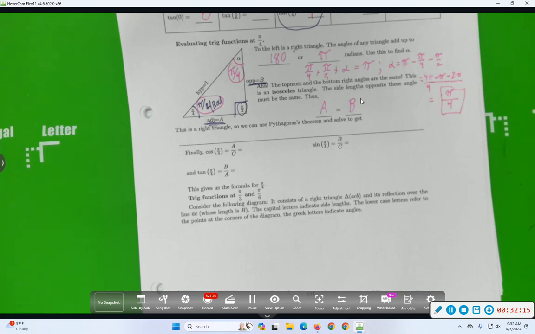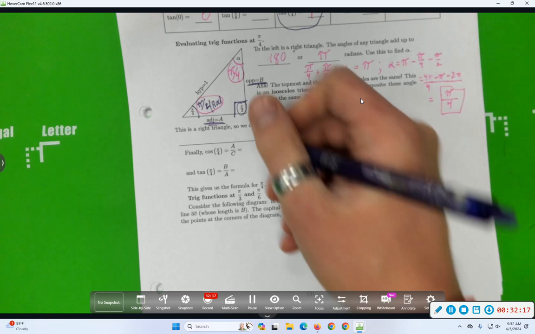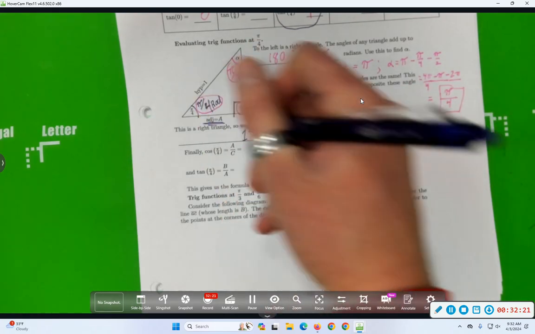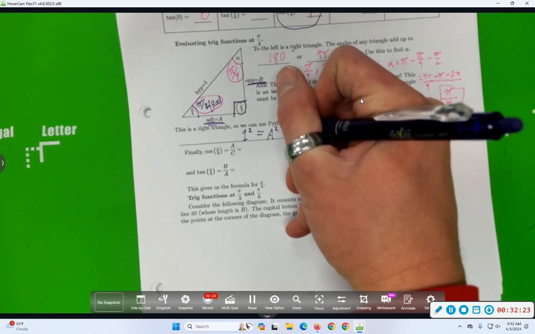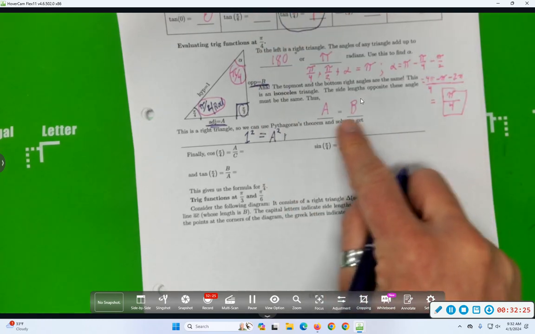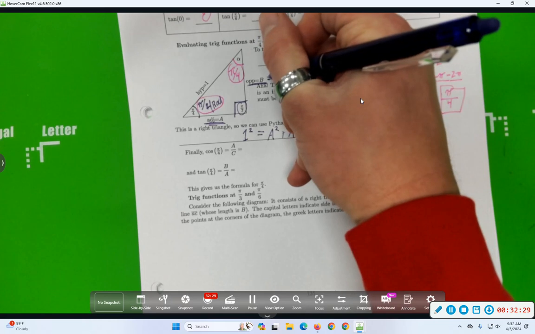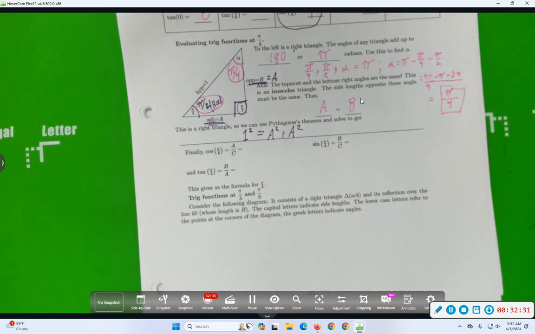So the hypotenuse, which is 1, is equal to adjacent side length squared plus opposite side length squared, but B is equal to A. Does that look like you could solve it for A? Solve that for A. It's a side length, so it has to be positive, so you don't need to worry about that plus or minus that appears.